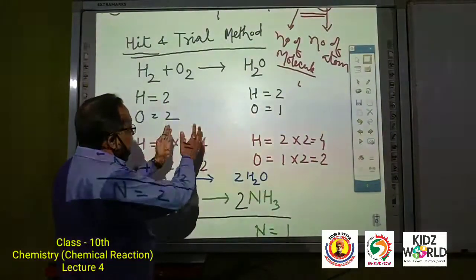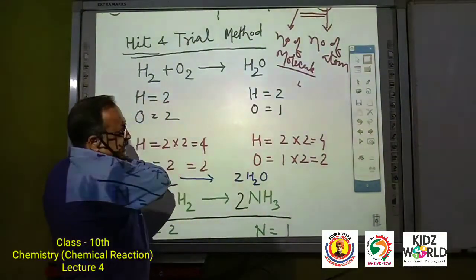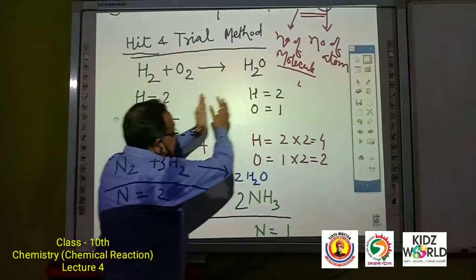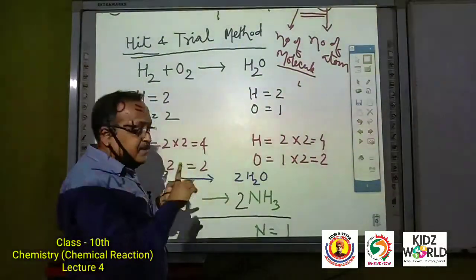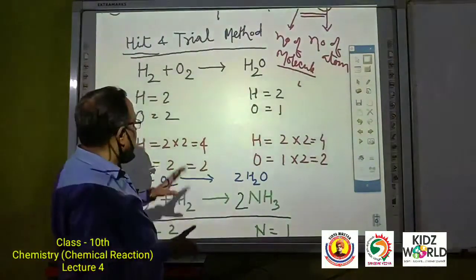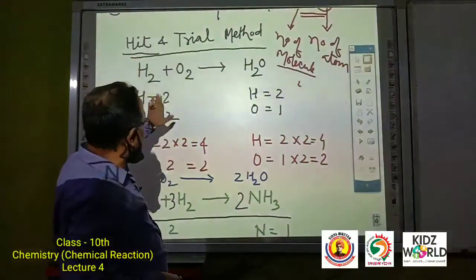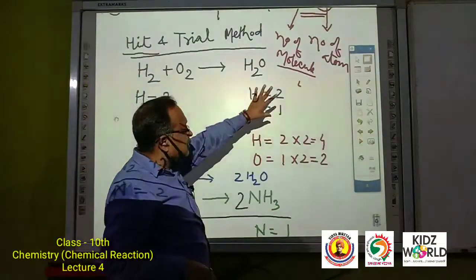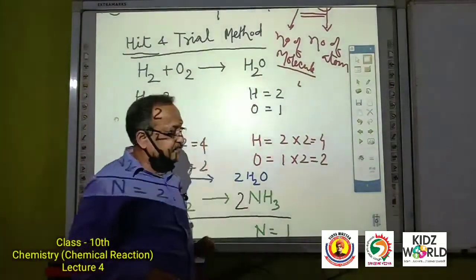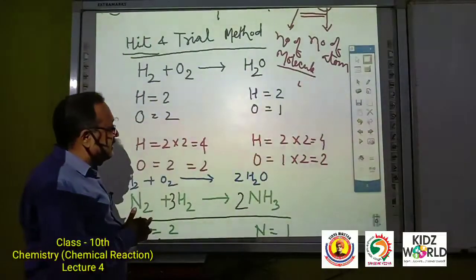All of you know that the left side of a chemical reaction is called the reactant side, and this is called the product side. Chemical balancing means the number of atoms and molecules on the reactant side should be equal to the number on the product side. So how can you balance it?